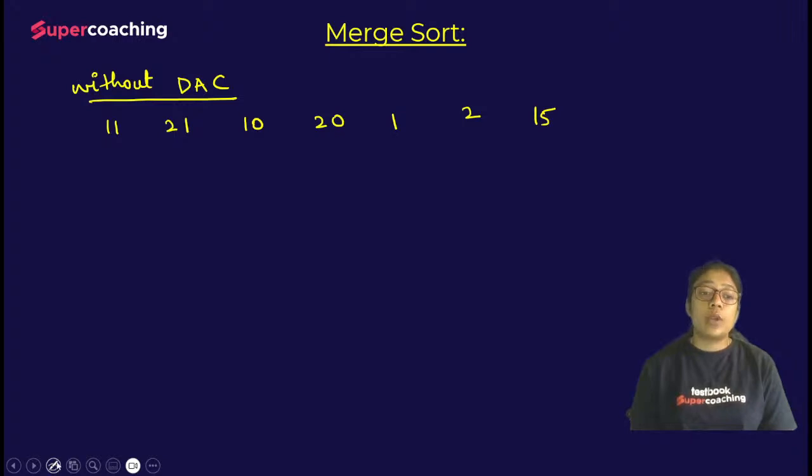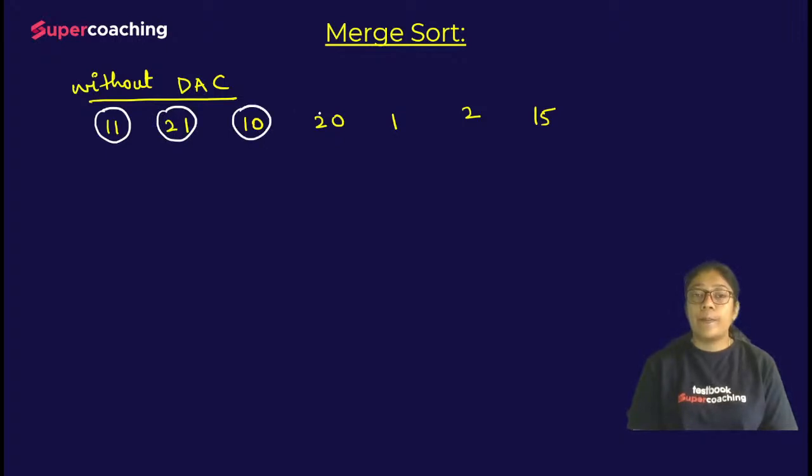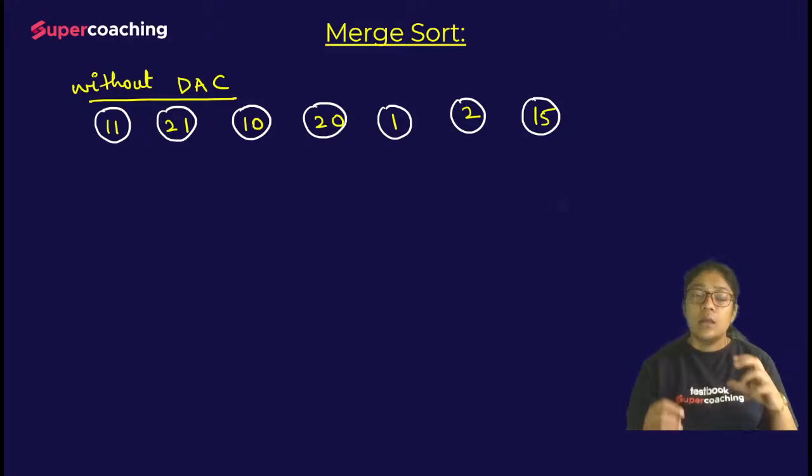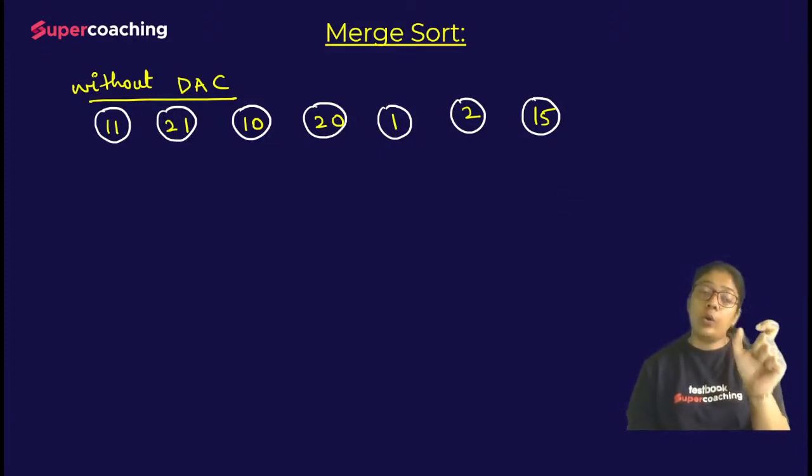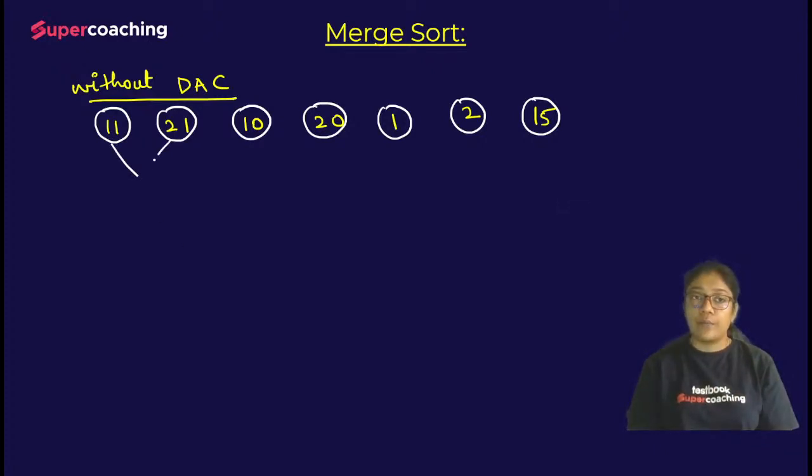What we'll be doing is considering each element as an individual element. This is just the reverse of what we did in divide and conquer. In divide and conquer, we first divided, and ultimately, by dividing, we reached single elements. Now we already consider the single elements and merge them. So the output will be 11 and 21 in sorted order.